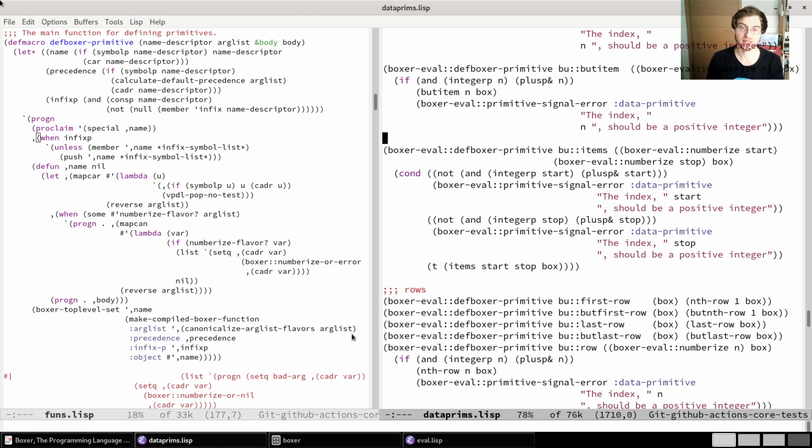For example, on the right side here, we have a def boxer primitive, and Boxer has a lot of built-in functions that come out of the box, and they are all implemented in Lisp, the built-ins.